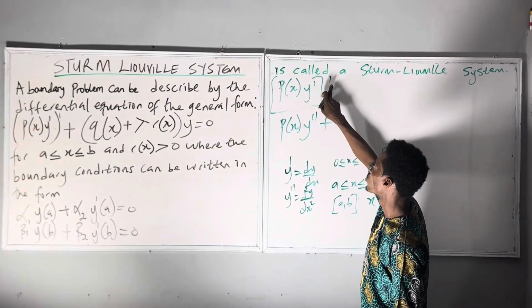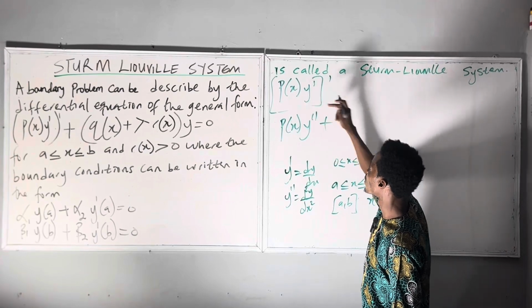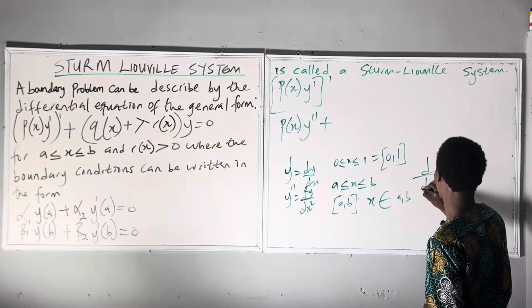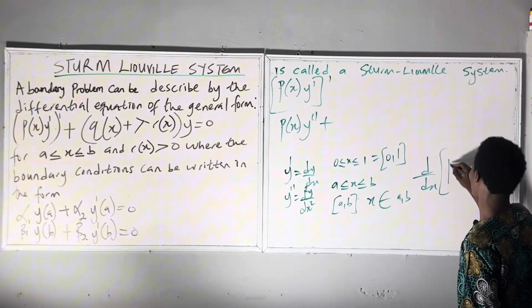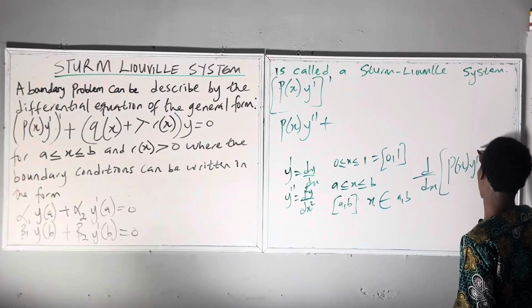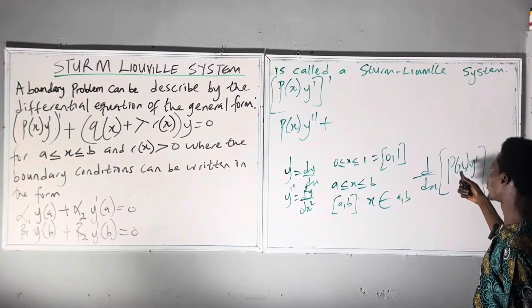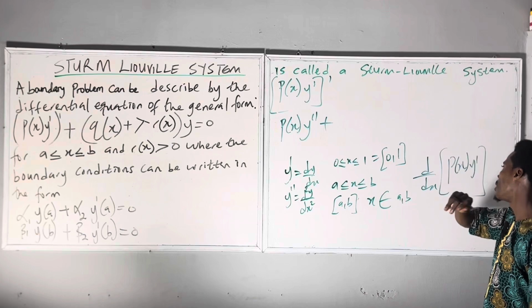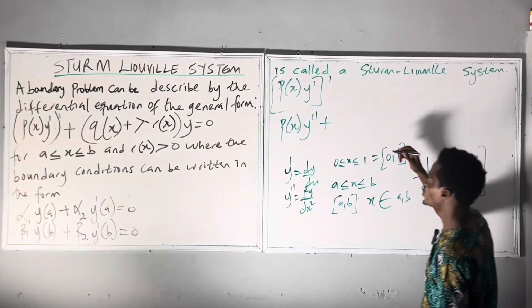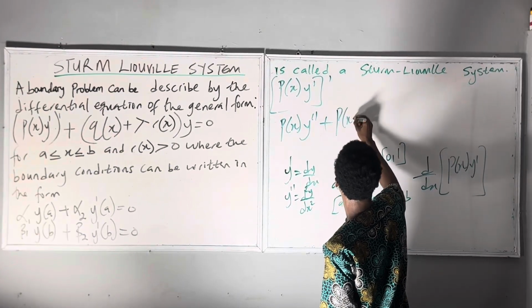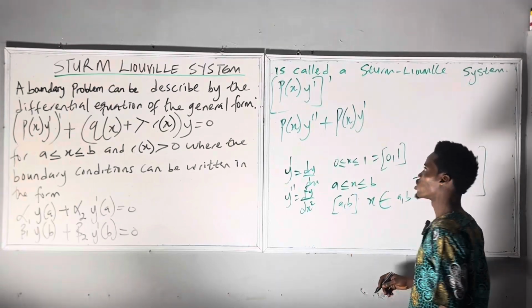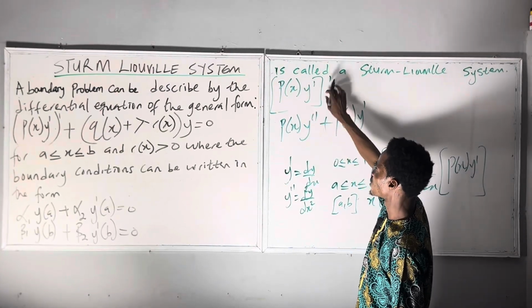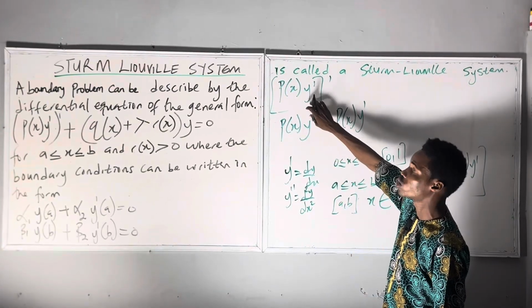The first derivative. So the first derivative of p(x) can be written as d over dx of p(x). If I differentiate x, I'm going to have 1, and if I use that to multiply this, I'm going to have p'(x) y'. So I have opened this bracket.